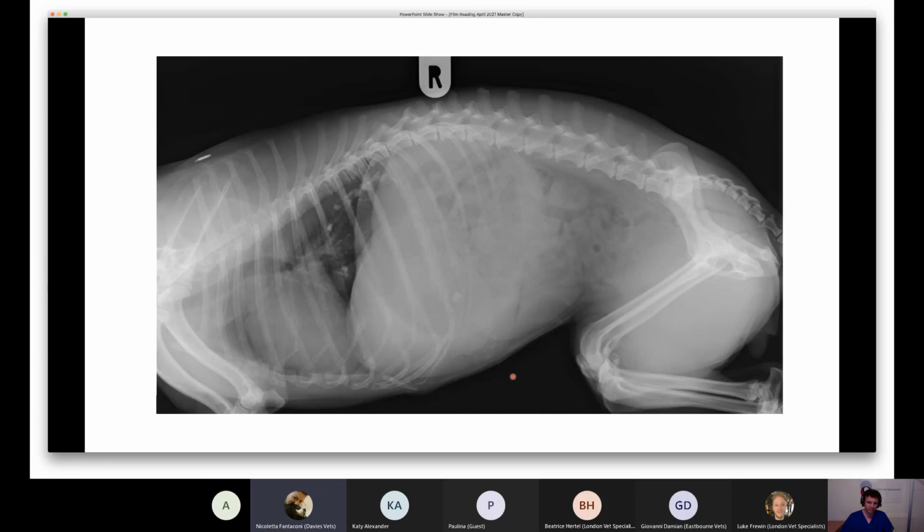There is a bit of loss of serosal detail in the abdomen as well, so we cannot really appreciate the contrast between the different organs.